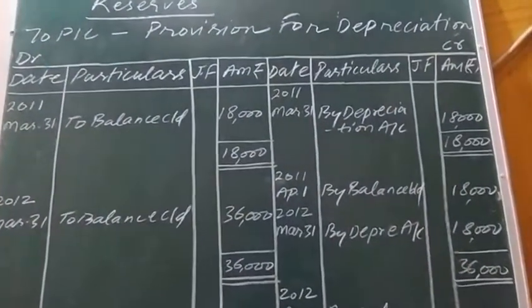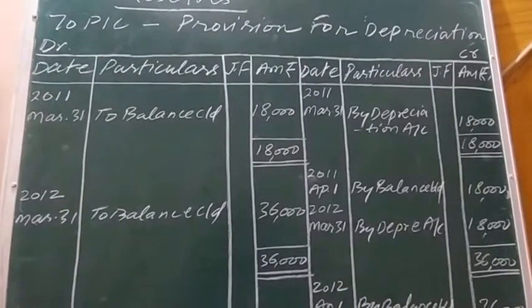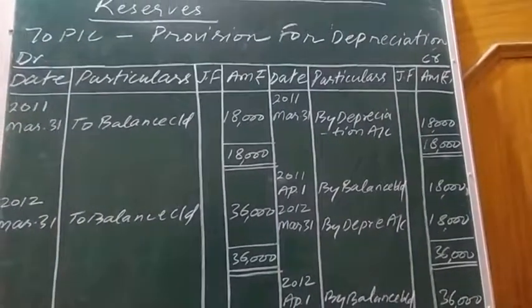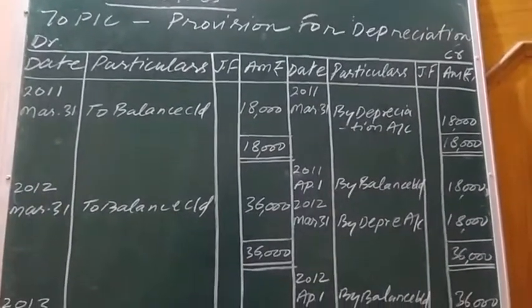Nothing was there on the debit side, so we need to do balancing, and whatever is the shortage on the debit side, that is 18,000, will be posted on the debit side also.